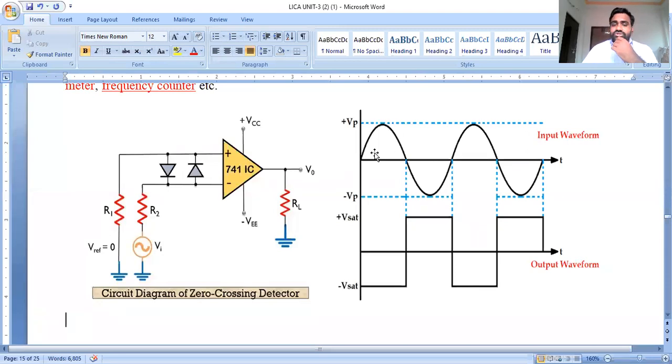Whenever the input voltage crosses the reference voltage, which in this circuit is zero, the output voltage switches from negative saturation to positive saturation. That means the zero crossing detector is nothing but a square wave generator. The input sinusoidal voltage is converted into a square wave pulse with the help of a zero reference voltage.